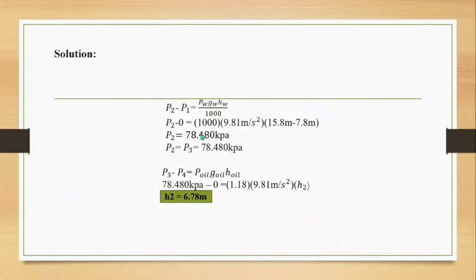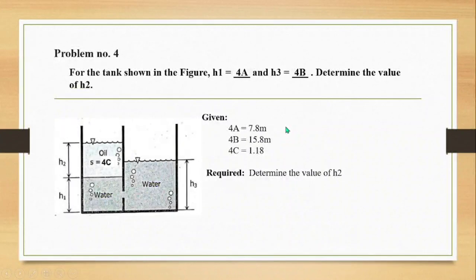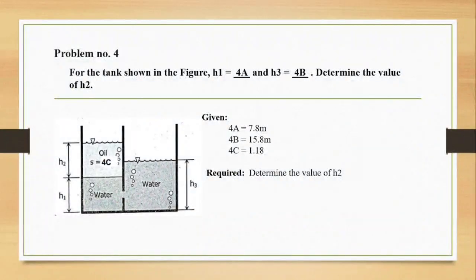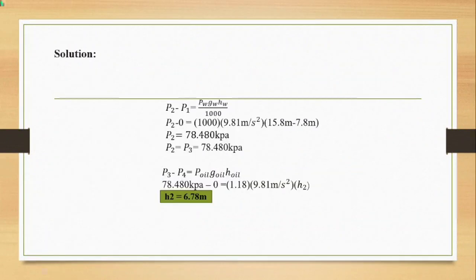So p2 minus p1 equals to rho w g hw over 1000. So p2 minus 0 equals to kaning 1000, tas constant na ning 9.81 meter per second squared. Tas ang ato given input nato katong 15.8 m minus 7.8 m, ang atong 4b tas ang ato 4a kana.